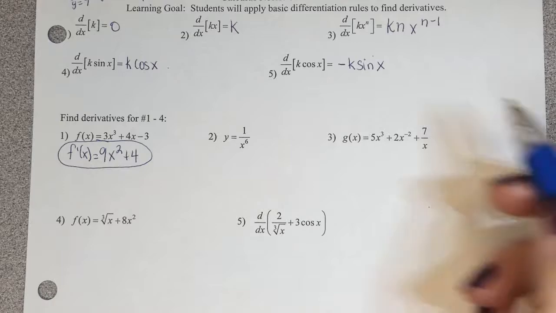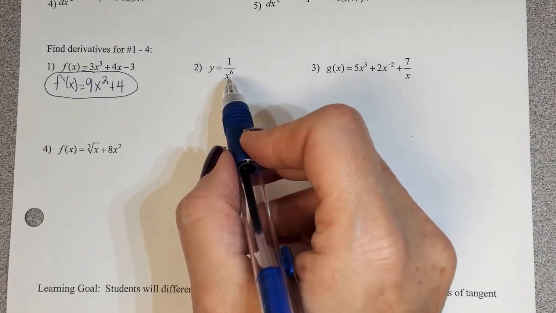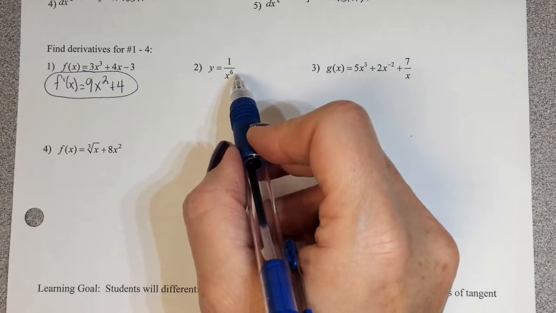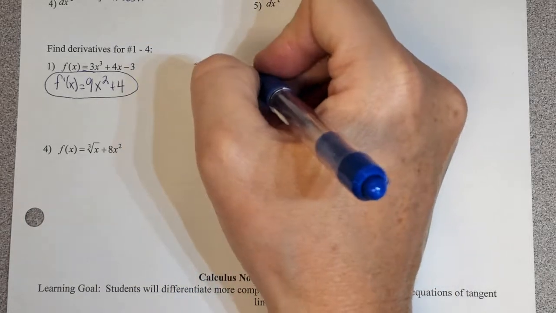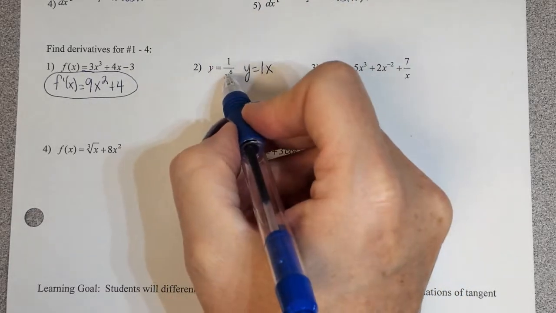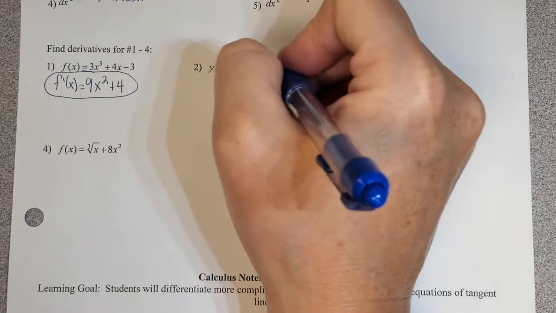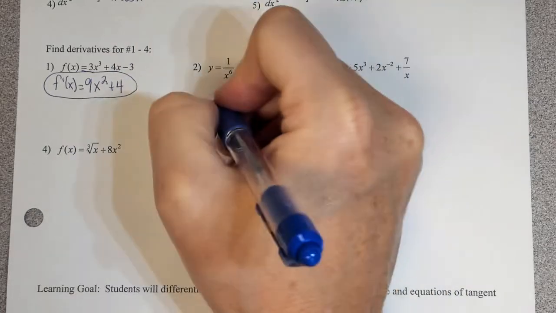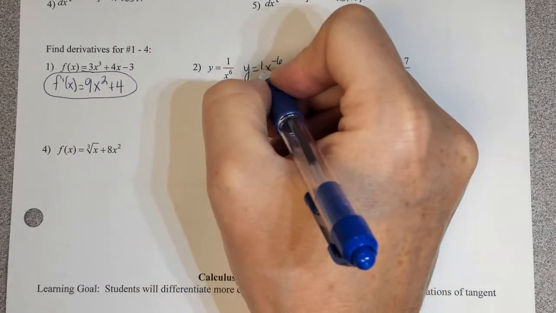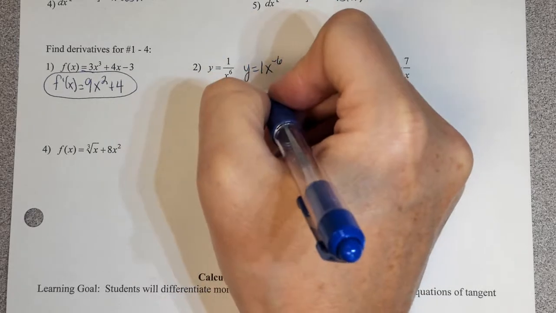Okay? For number 2, I have to think about how I can rewrite this to have it in kx to the n form. Well, the rewrite would be 1x to the, if I want to take this to the numerator, what's it going to be raised to now? -6. So now to find my derivative, I'm going to have to do k times n, x, subtract 1.